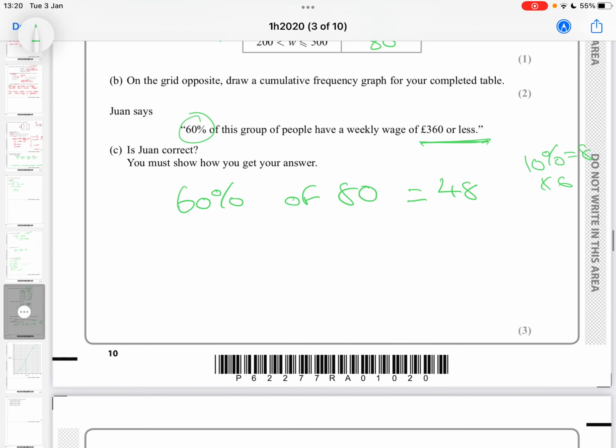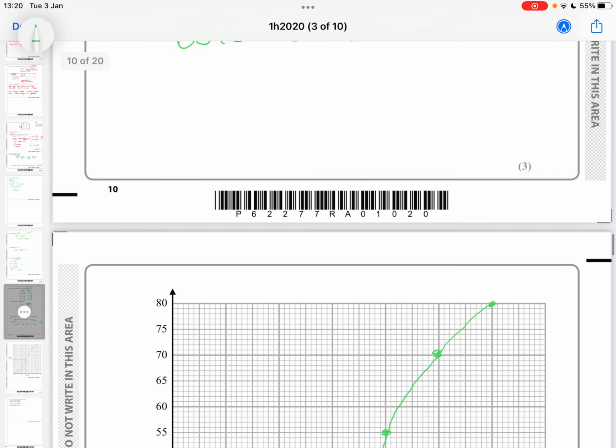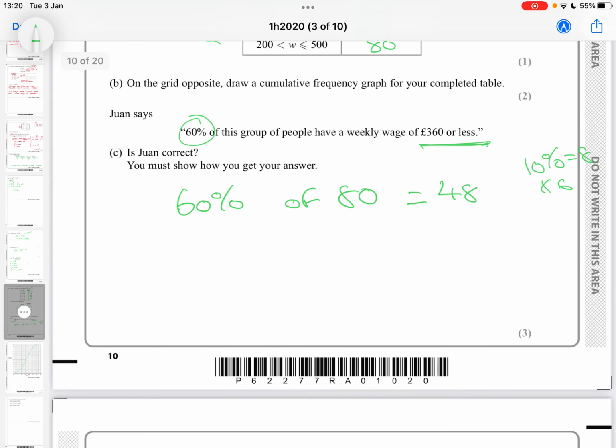So then I am left with 38. So I'm going to have 38 people out of 80, which is less than 50%.